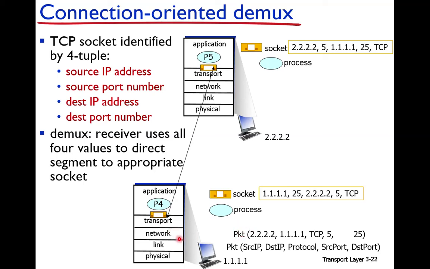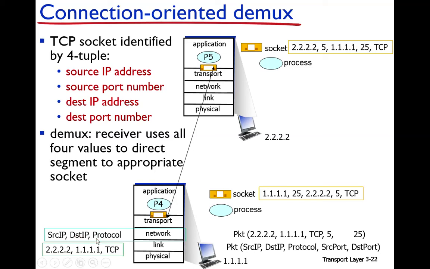We have already discussed it: the network layer will examine the source IP address, the destination IP address, and the protocol.